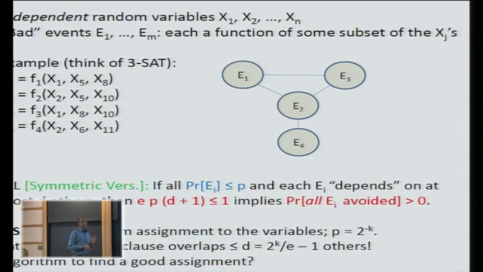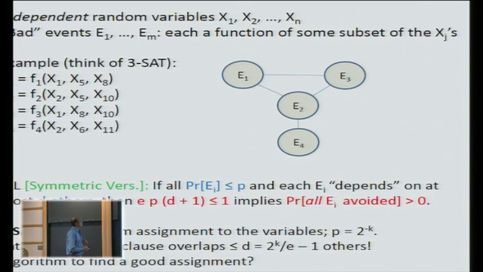It is a slight specialization of the original lemma, but covers essentially all applications we care about. Imagine underlying independent random variables x1 through xn, and bad events e1 through em, each of which is a Boolean function of some subset of the xi's. For example, e1 could be some function of x1, x5, and x8, and so on.